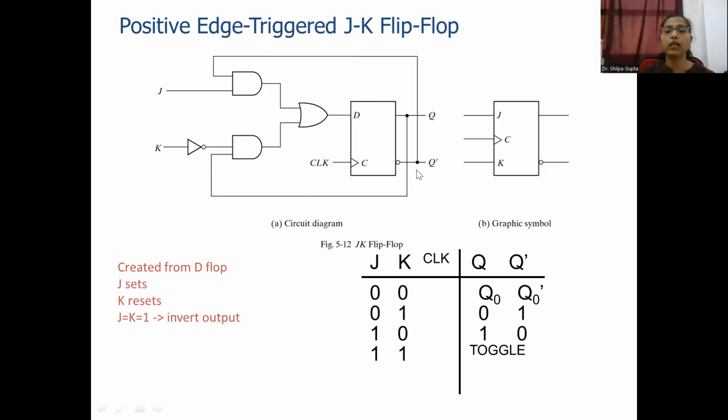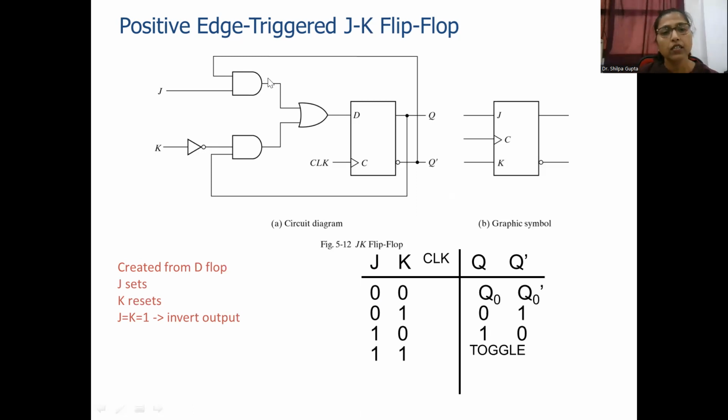For that amendment, what we have done is we have fed back the cross-coupled output to the input, and these inputs will now provide some kind of output after the combination, and that will be fed to the D flip-flop and would produce the required output according to this truth table. When J and K both are 0, 0, this AND gate will provide 0, because an AND gate provides 0 if any of its inputs is 0.